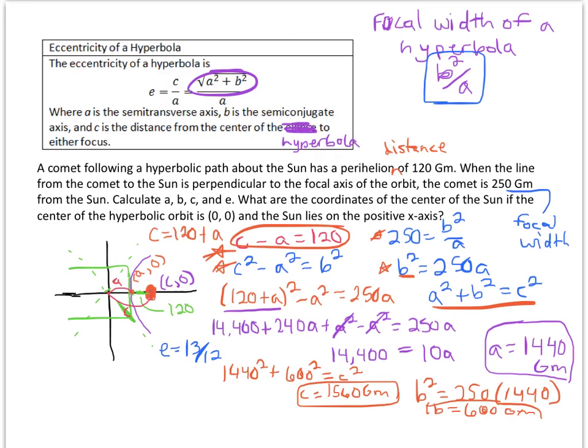That's all they want us to find for those, and then it also asks us what are the coordinates of the center of the sun if the center of the hyperbolic orbit is 0, 0, and the sun lies on the positive x-axis. The center of the sun is the focus. We just need to say that the sun lies on c, which is 1560, comma 0. Ta-da!